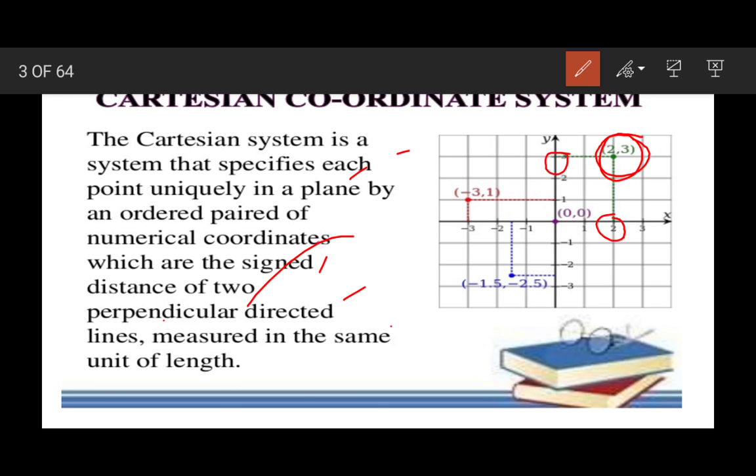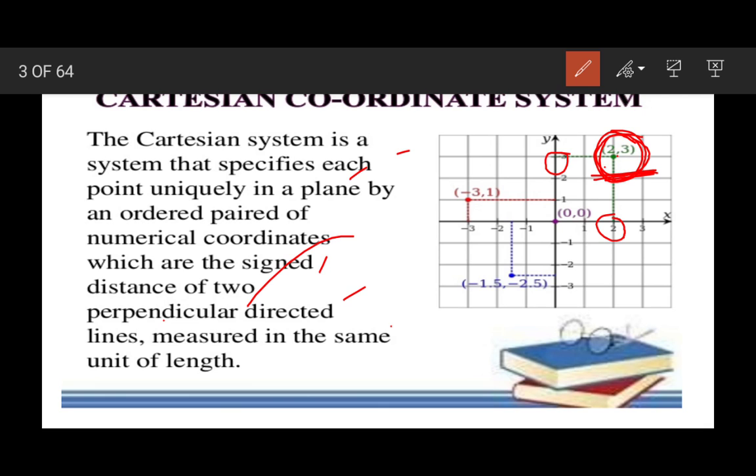Like your name: if I say Yash Chauhan, that is the name of a unique person. Like that, this 2, 3 defines a point. So this 2, 3 gives a unique specification of each point when I allot these numbers.